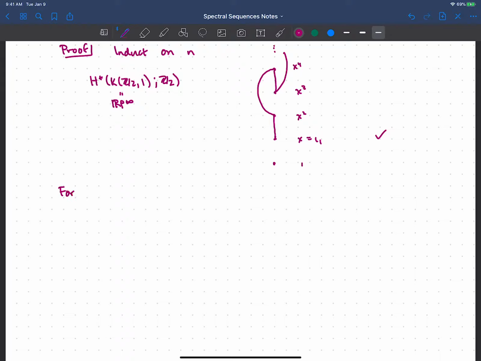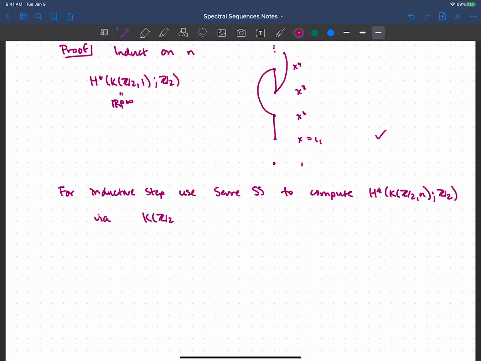For the inductive step, really the interesting part, what will we do? Well, we want to use the Serre spectral sequence, and we'll compute the cohomology of K(Z mod 2, n), of course in mod 2 coefficients, via the loop-path fibration.